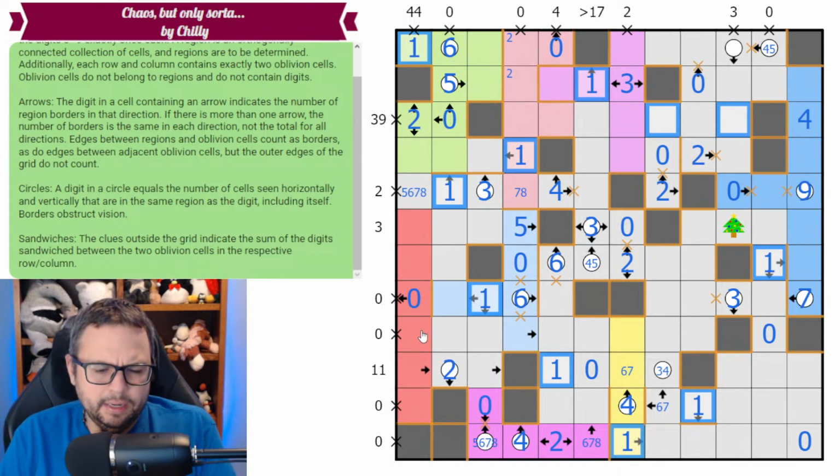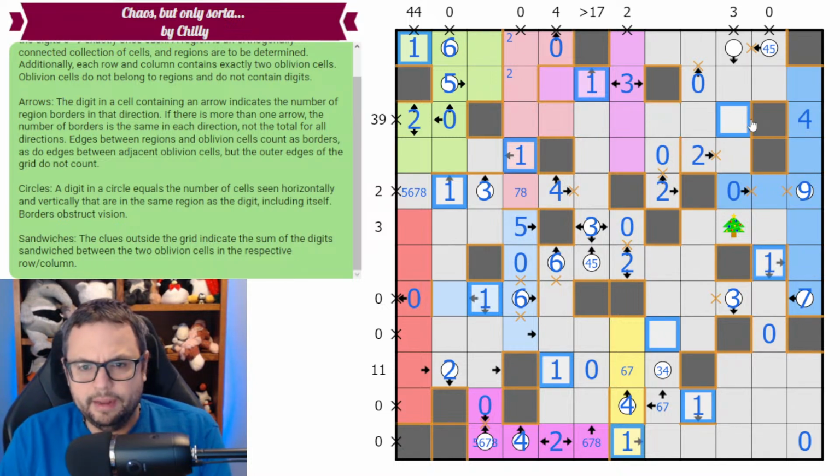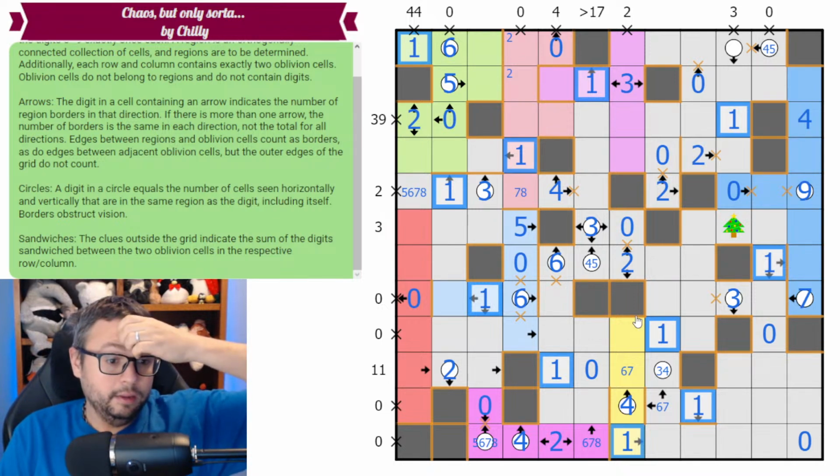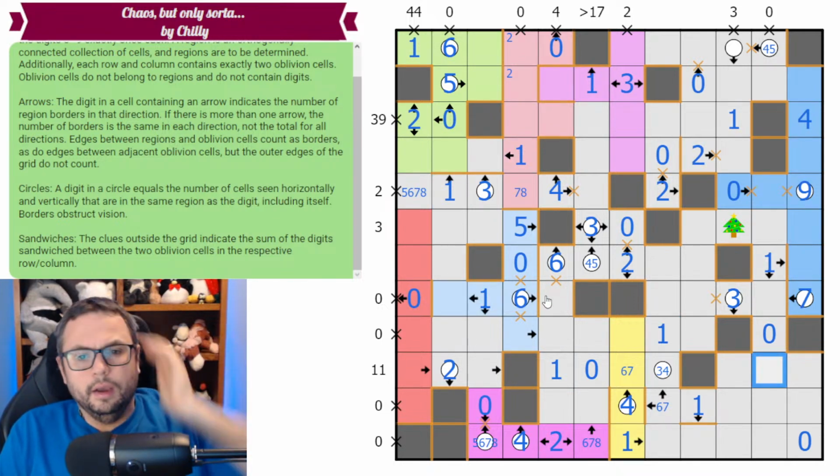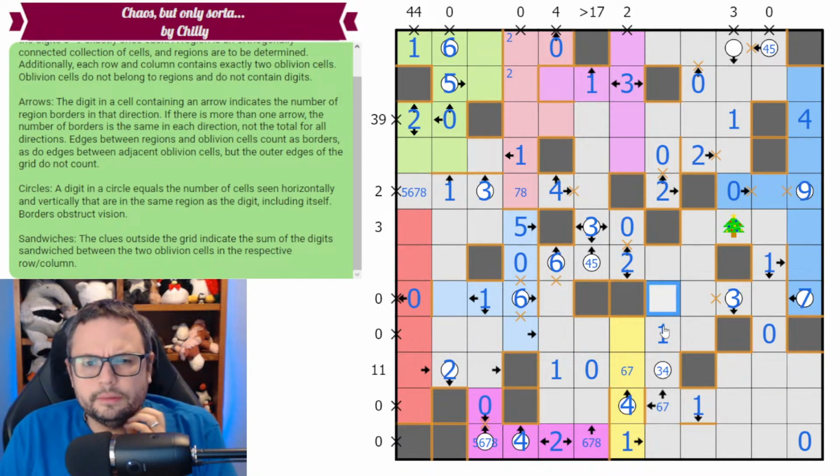Row 9's 1 can only be here. So that means that these are both 1. So we get all of that.